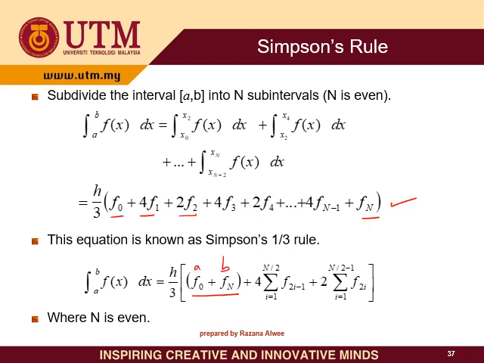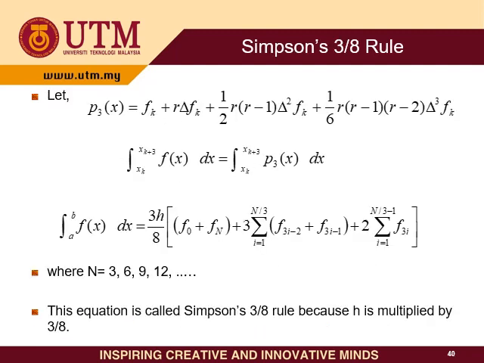Okay, one for in the middle. But for Simpson 1/3 rule here, we have one column for the one that is multiplied by 4, one column for the one that is multiplied by 2, where the n is even. So the n must be even for Simpson rule. Right, that's the end of the Simpson 1/3.